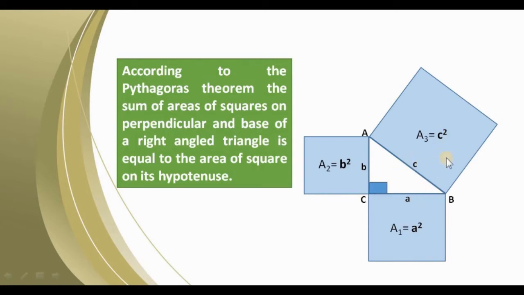So, being the square, area of this square is C square because the side is C. Area of this square is A square because the side is denoted by A, and the area of this square is B square as the side is given as B.